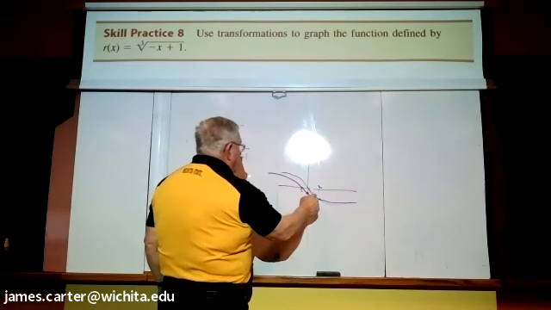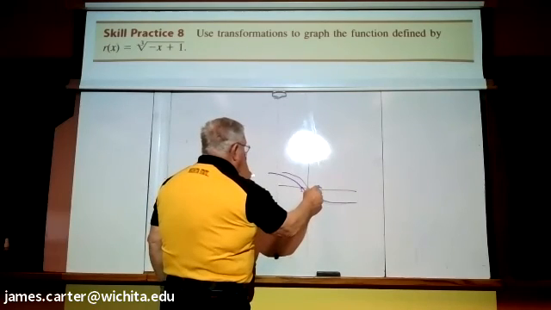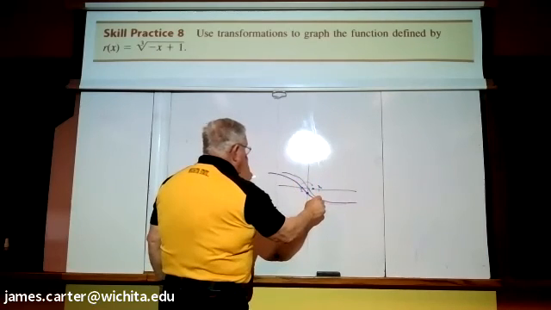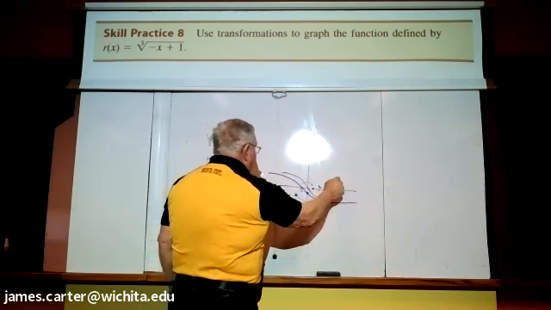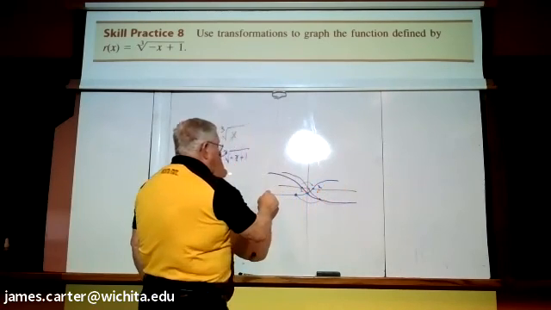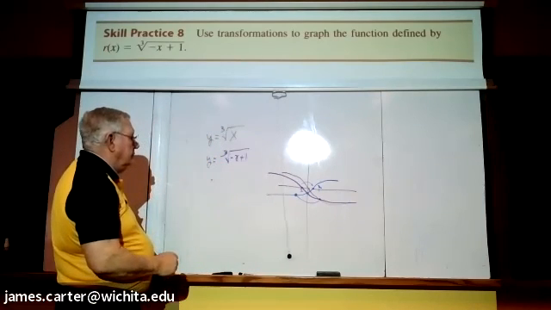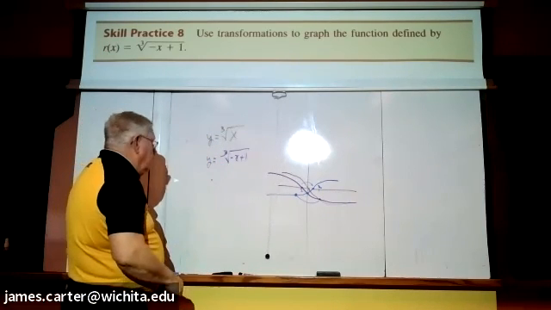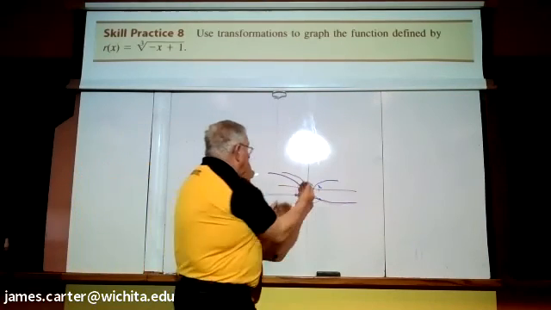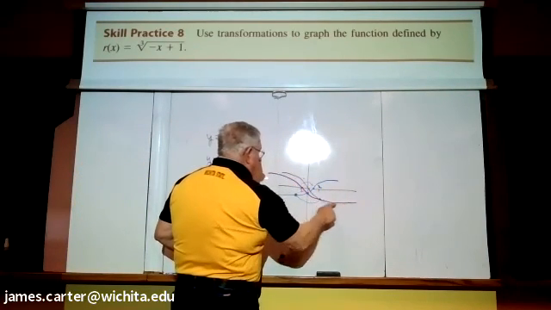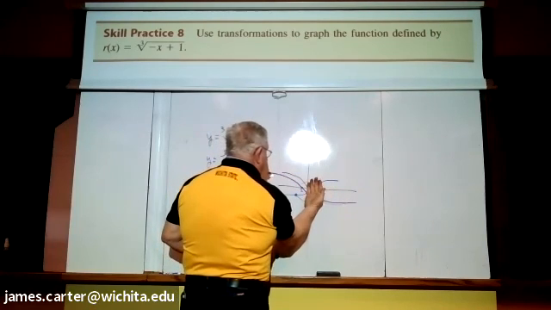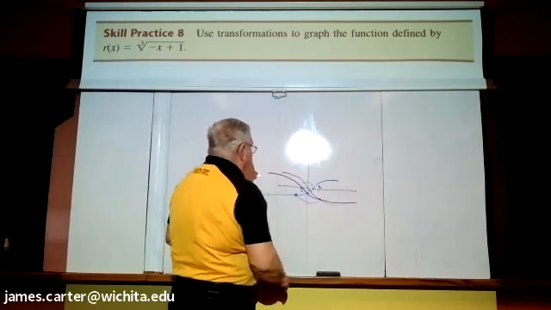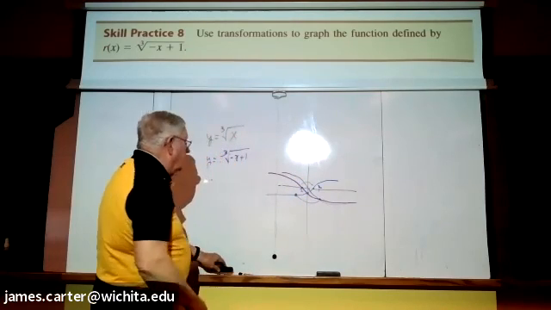This point's going to stay the same. This point's going to move over here. This point's going to move over here. So now it's going to go like that. Because you're flipping it. We're flipping this one, not the original one, but this one, across that y-axis.